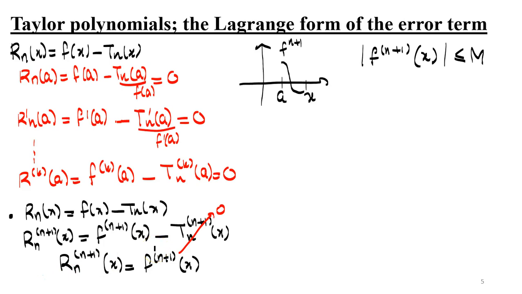You can see that since the interval is finite and the function is continuous, the function is bounded. It has a maximum value and a minimum value. However, over here, I'm only interested in bounding the absolute value of the derivative of order n plus 1.